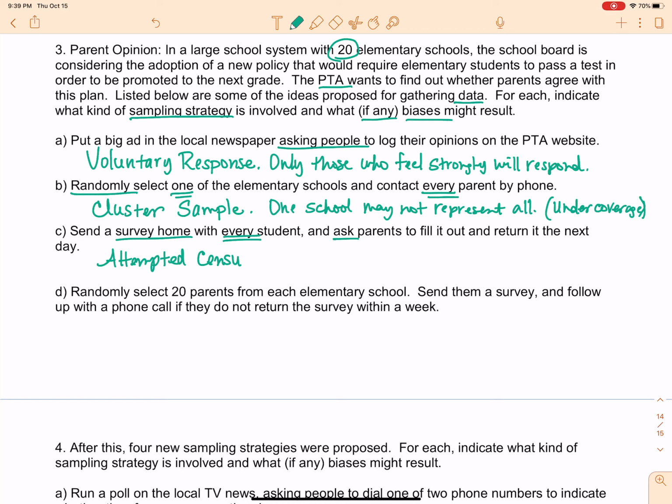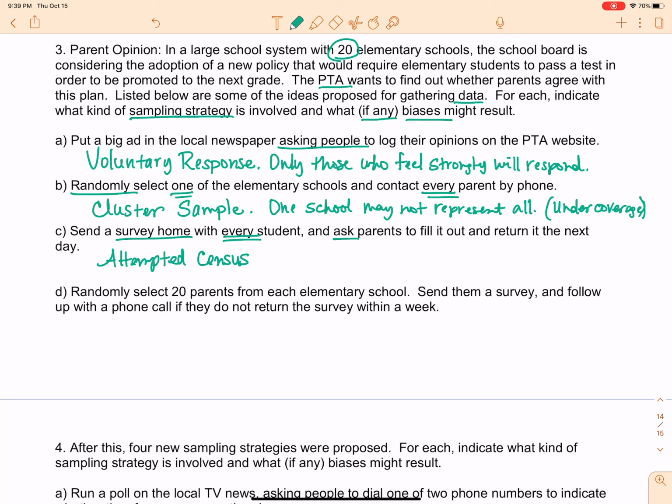It's just that a census in and of itself, depending on the size of your population, is sometimes not practical. You'll notice in the United States, we do a census every decade. That's because it's a lengthy and costly process. We don't do it every year because it's too expensive and inconvenient. So this is an attempted census for this particular school system.